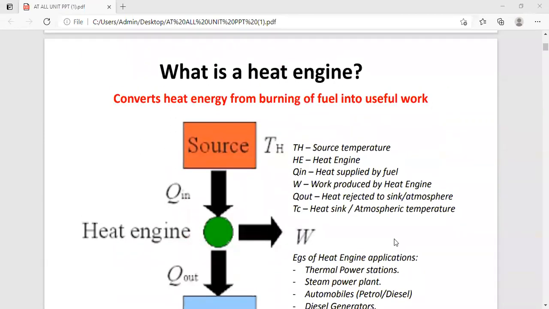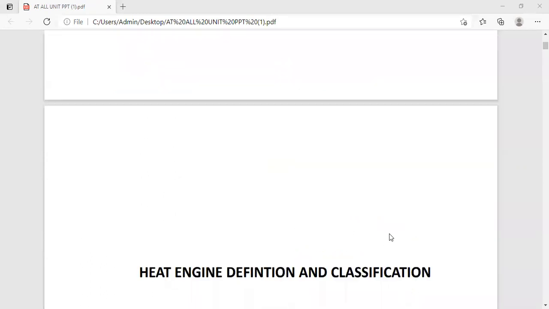First we are going to see what a heat engine is. We have seen that a heat engine is a device which transforms the chemical energy of the fuel into thermal energy and uses this energy to produce mechanical work.